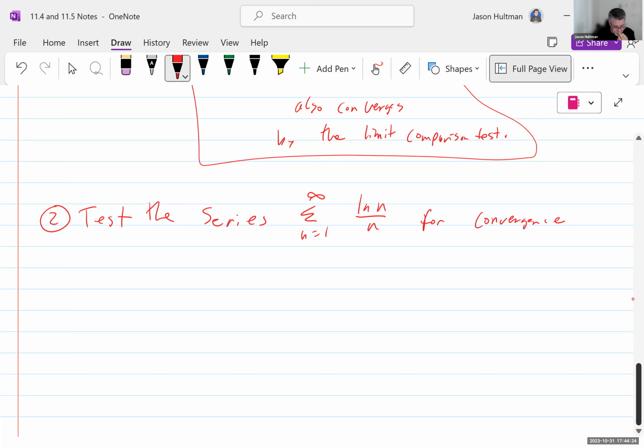Okay, so what are we going to do? Well, we're going to compare with the summation n equals 1 to infinity of just 1 over n. Okay, because what do we know about 1 over n? 1 over n is the harmonic series, and it diverges.